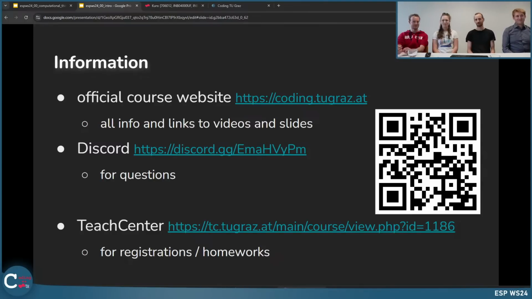In addition, we would highly recommend that you join our Discord server. The QR code also works, so you can scan the QR code, and this redirects you directly to our Discord server. And why do we need a Discord server? There is, of course, a lot of information there. We write announcements there.